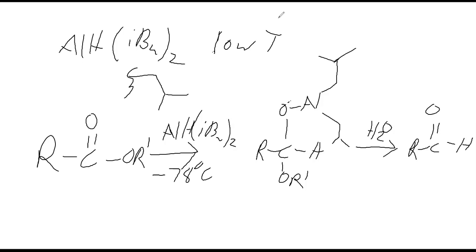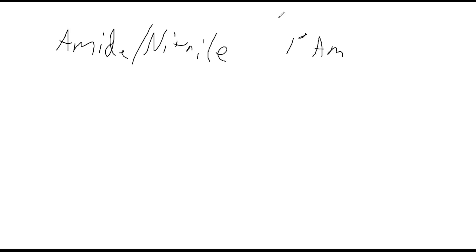Now, amides, if we reduce amides by lithium aluminum hydride, we can also reduce nitriles in the same way to primary amines. So depending on the conditions, amides and nitriles can go to primary amines by just using our standard lithium aluminum hydride, overpowering this and not trying to do anything else.